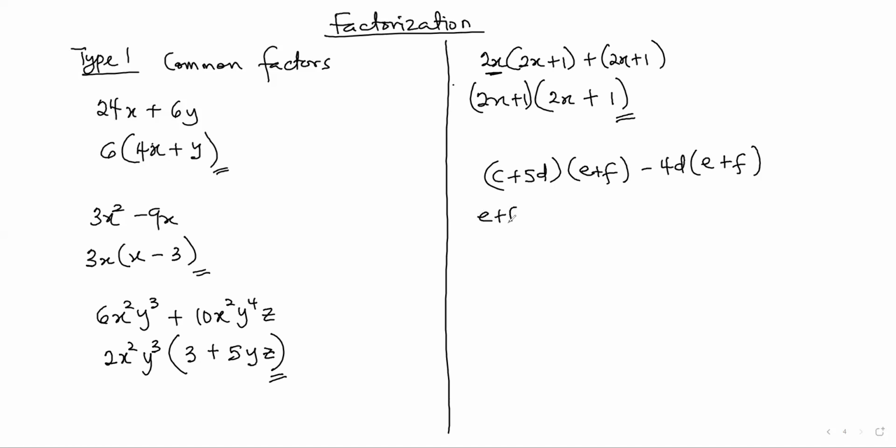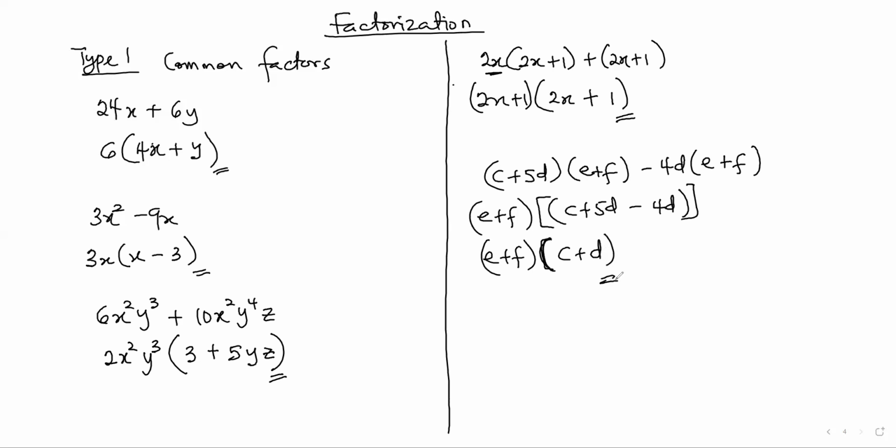So we factor that one out. Then into bracket, you'll be left with c + 5d minus what's left here, which is 4d. So we have (e + f)(c + 5d - 4d). So 5d minus 4d gives you d. So we have now (e + f)(c + d). And that gives you the final answer.